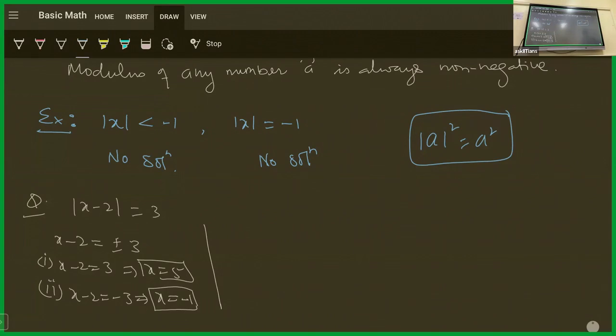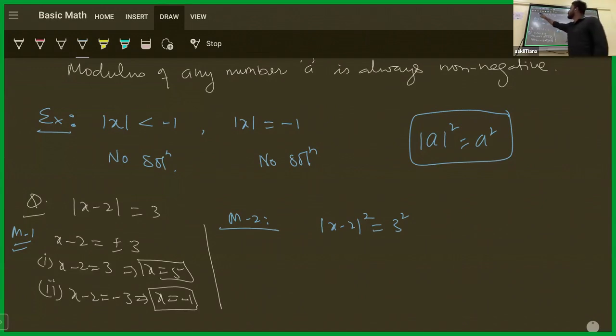This property we know. So this is one of the methods. Method number 2 is, if you don't want to make different cases, then we can square both the sides. We'll get modulus of x minus 2 whole square equals 3 square. Yes or no? Squaring both the sides, we'll get something like this, right?